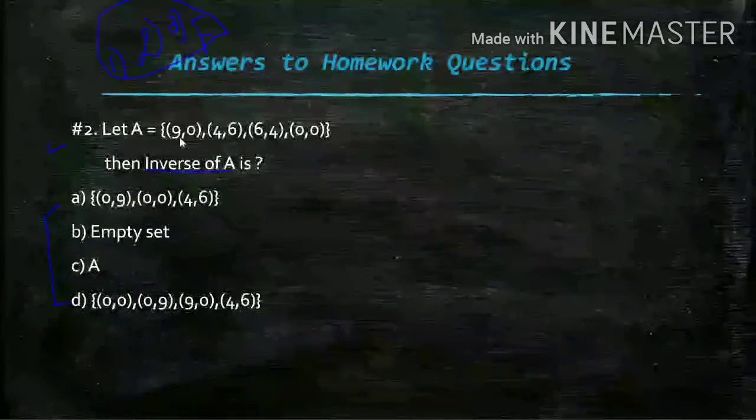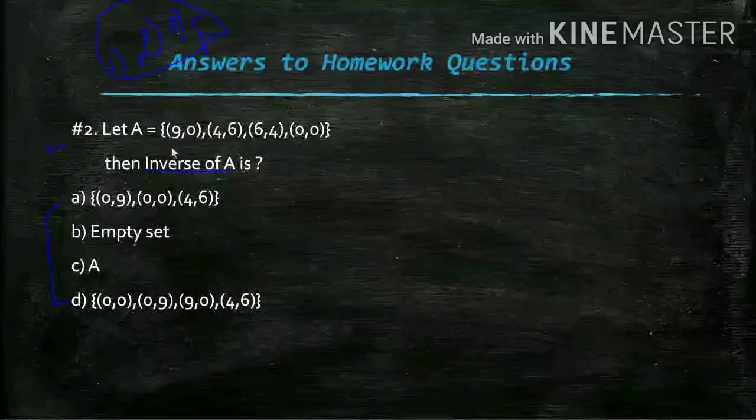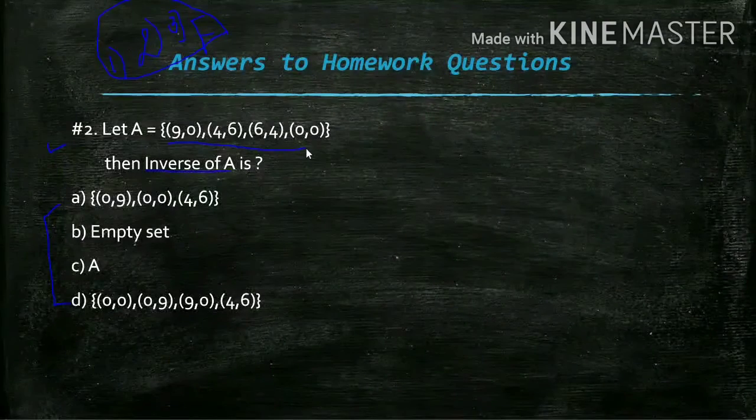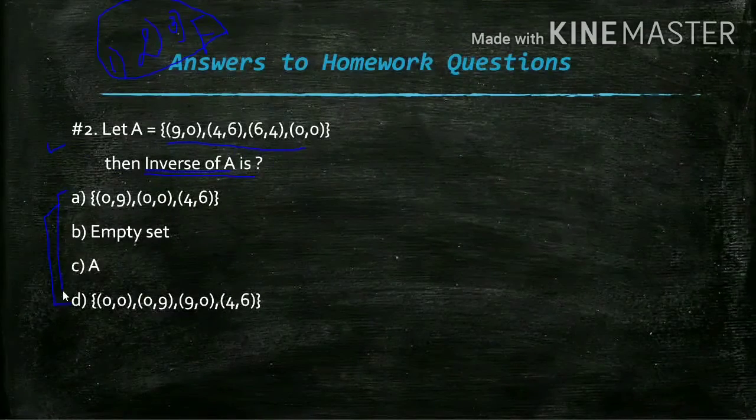If in this question A were not a relation or not a function, then we could not find its inverse like this, and the answer would be none of these four options.